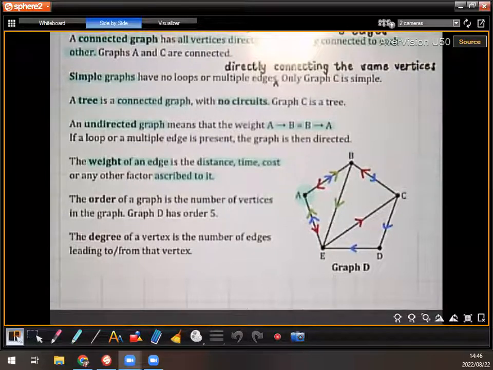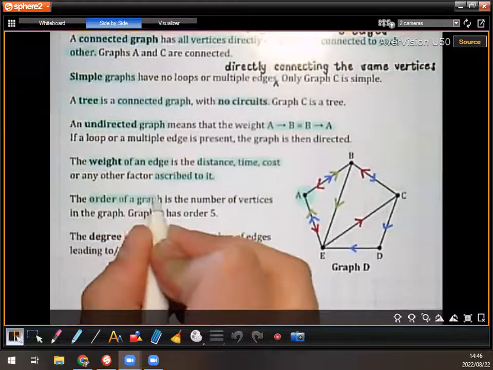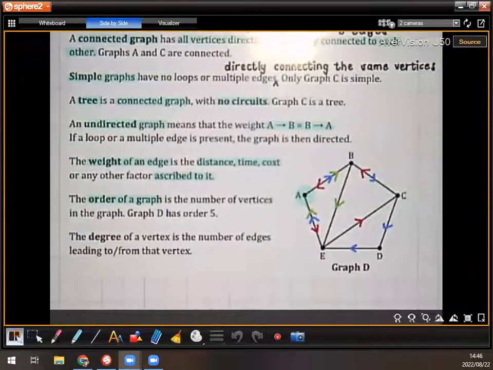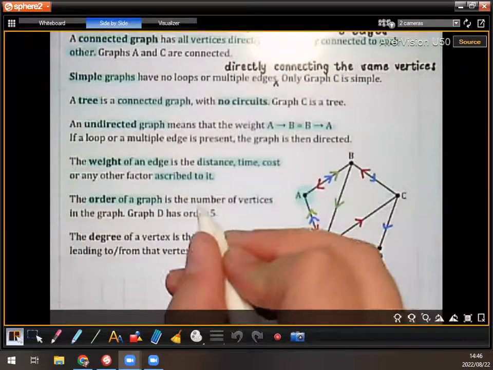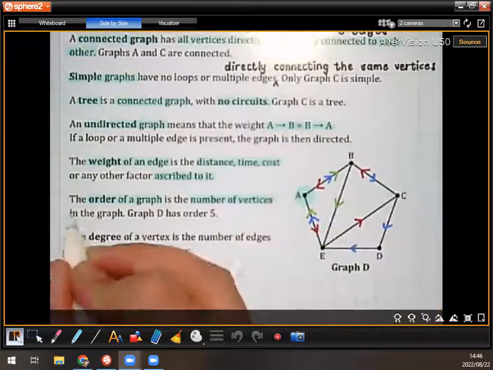Well, yeah. All right, we're almost done for the day. Order of the graph. Okay, order of the graph is the number of vertices in the graph.